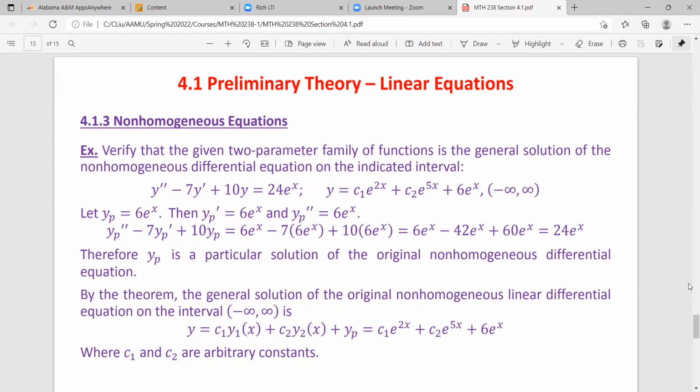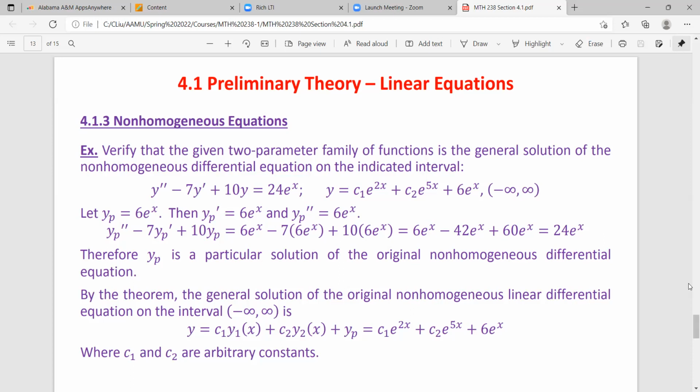When you plug that into the left side of the differential equation, we get 6e to the x minus 7 times 6e to the x plus 10 times 6e to the x. 7 times 6 is 42, and 10 times 6 is 60. So you get 6e to the x minus 42e to the x plus 60e to the x. If you combine them, you get 24e to the x, which is exactly the right-hand side of the equation. That means 6e to the x is indeed a solution to the differential equation, and it is a particular solution.